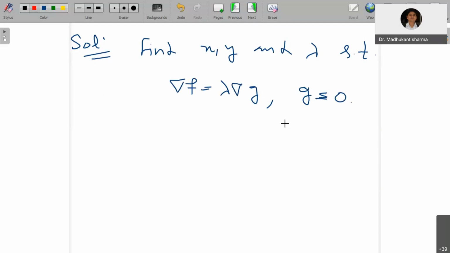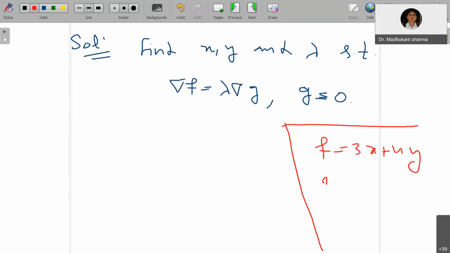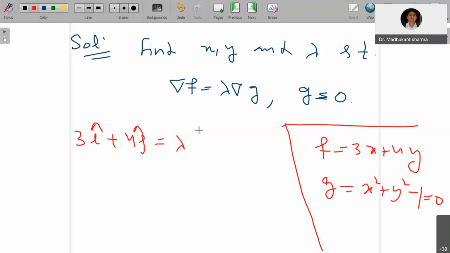So I can write f equals 3x plus 4y and g equals x square plus y square minus 1 equals 0. Now grad f equals lambda times grad g. So grad f is 3i plus 4j, and lambda times grad g is lambda times 2xi plus 2yj.